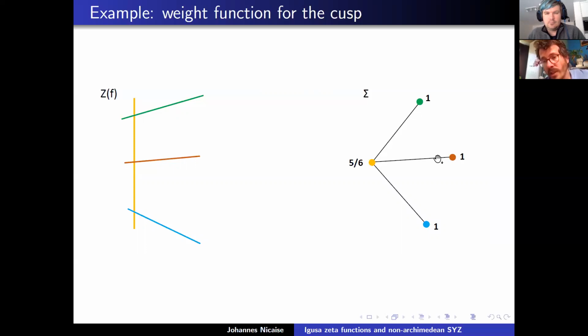If we put ourselves at any point of the dual intersection complex, the graph sigma, there's always one direction where the weight will be decreasing. If we keep following that direction, then we arrive at the locus of minimal weight, in this case just a yellow dot, the log canonical threshold.